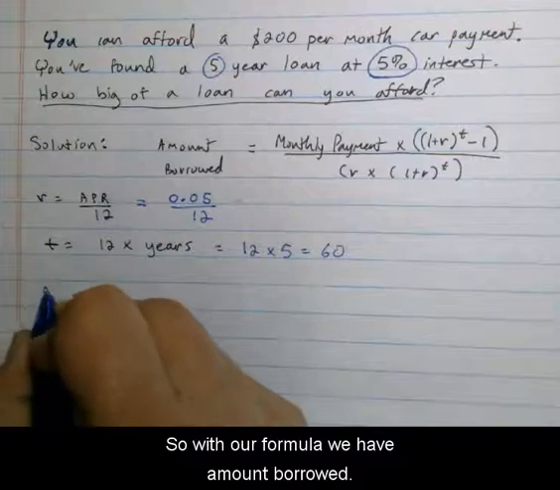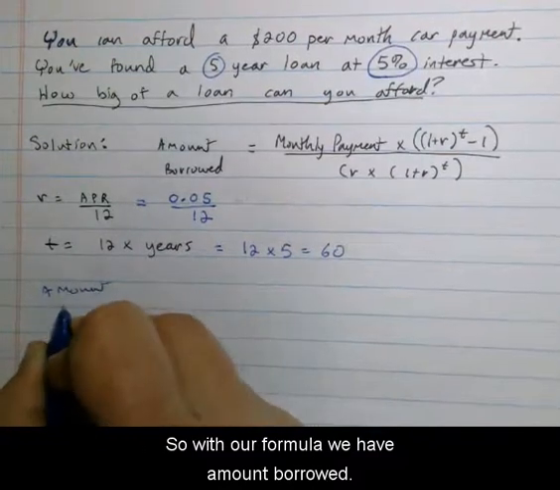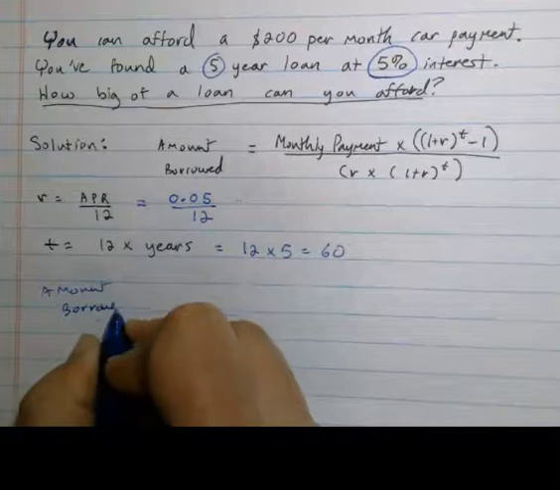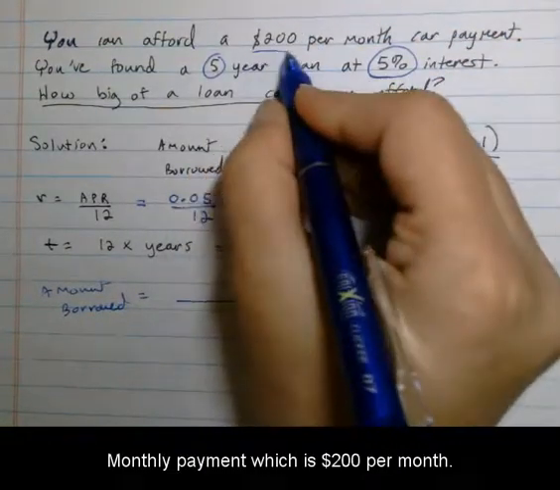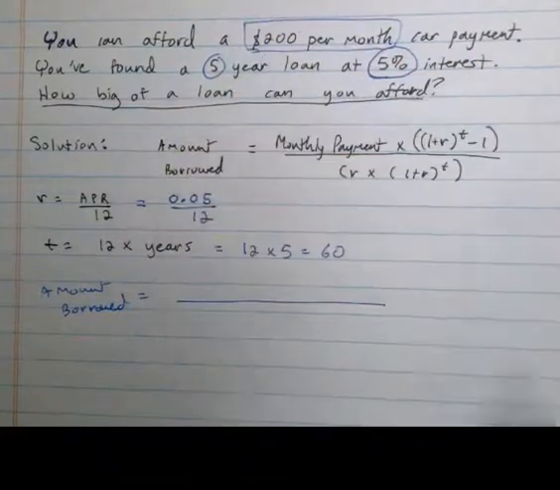So with our formula, we have amount borrowed equals the monthly payment, which was $200 per month.